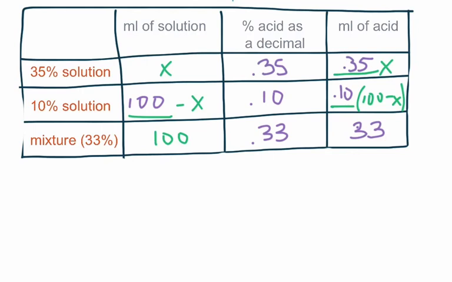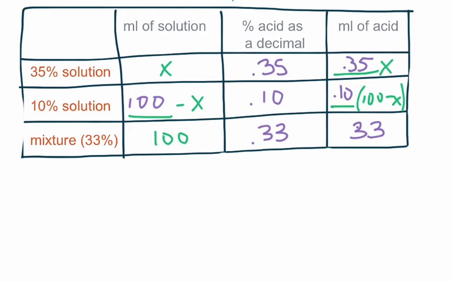There's a certain amount of 35% solution and a certain amount of 10% solution. He combines those two solutions into one larger beaker to form a mixture that is 33% acid, and there's 100 milliliters of that solution. So we're trying to figure out how much 35% solution he started with, and how much 10% solution.